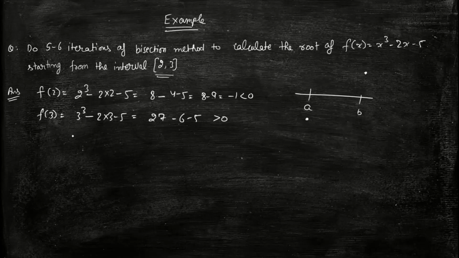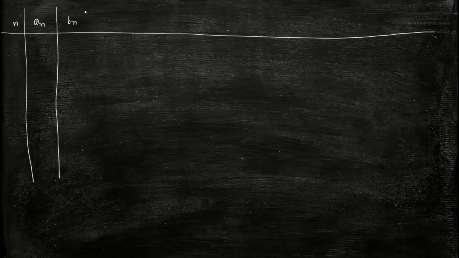To apply the bisection method in this interval and to keep track of what we did, I will make a table. So this table will look like this. First of all, we will write n. n will represent our iteration count. Then we write the value of an, then the value of bn.